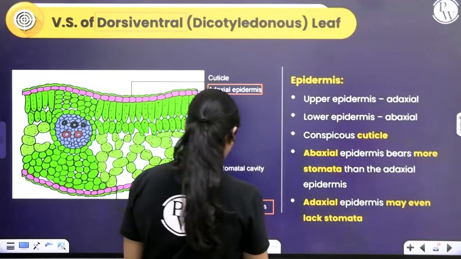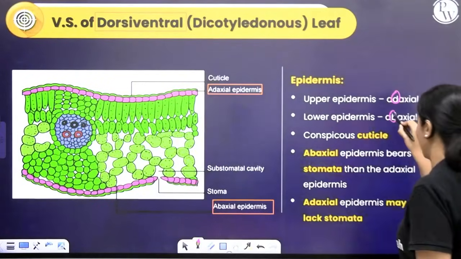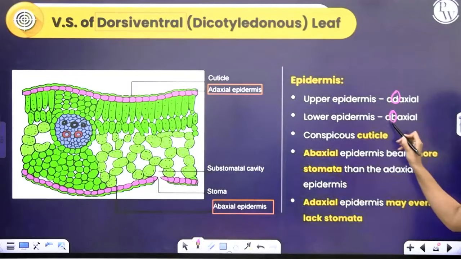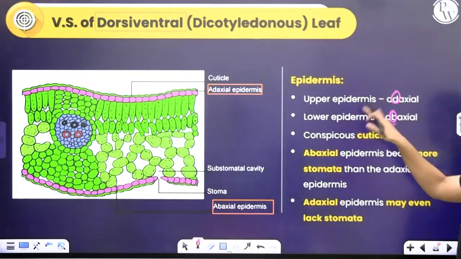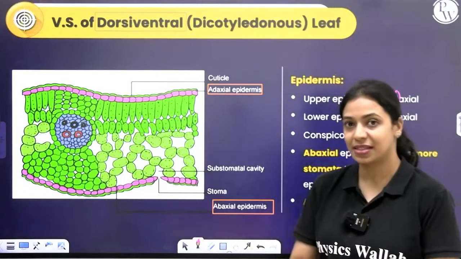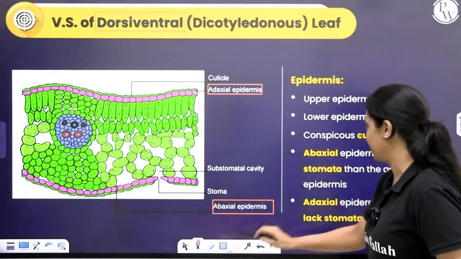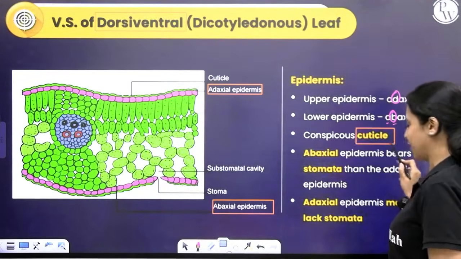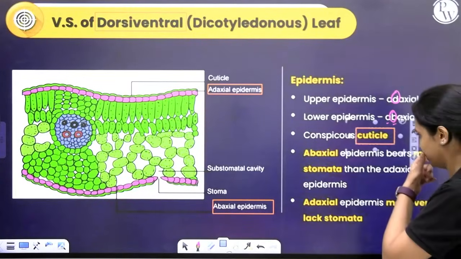The way I remember it, D is for direct, B is for base. Base means bottom. So, abaxial is towards the bottom, adaxial is on top. Since leaf is an aerial part of the plant, you can see a very conspicuous thick cuticle present in leaves to reduce the rate of transpiration.